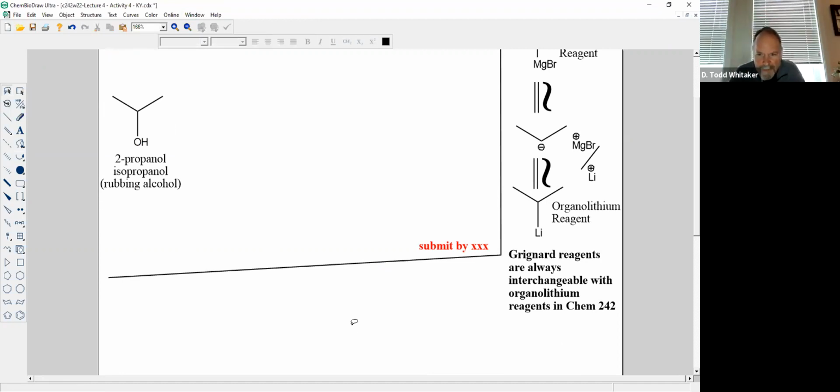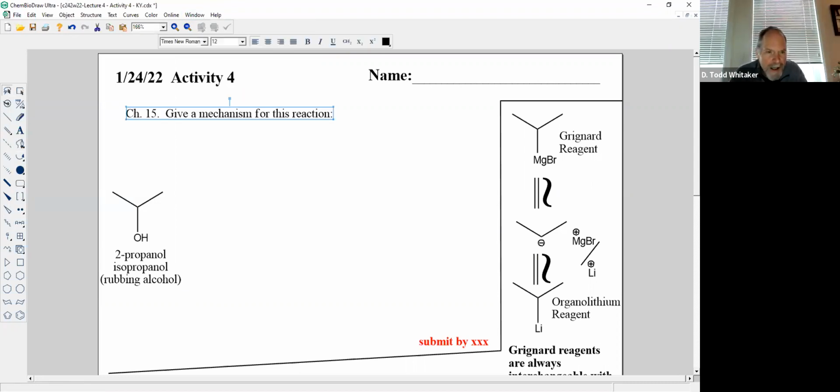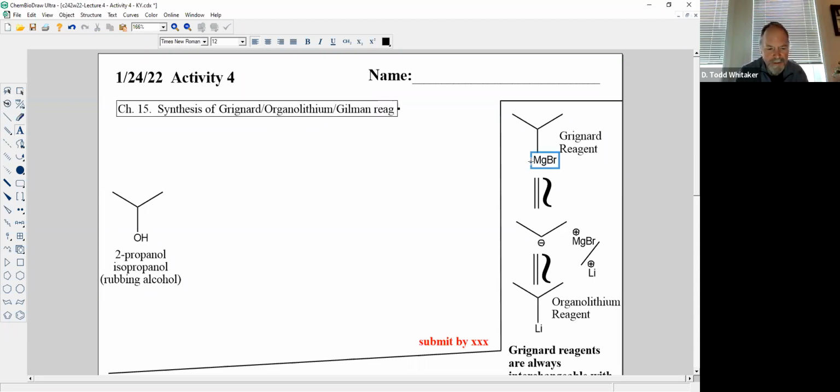But I do have to get rid of that. And instead of this title, synthesis, I just didn't have it saved. Synthesis of Grignard / organolithium / Gilman reagents.